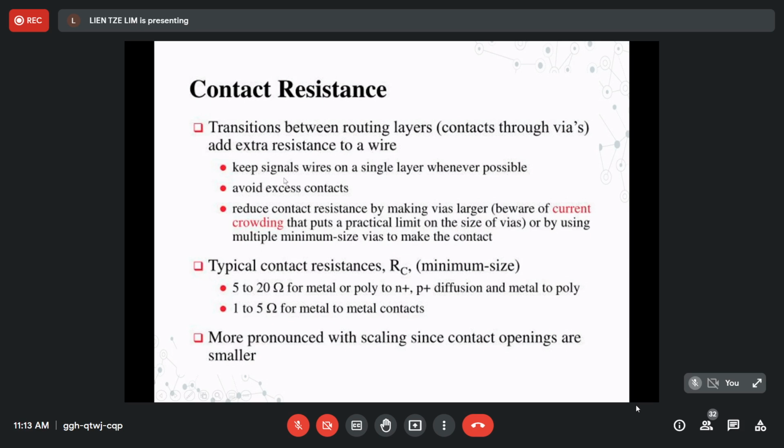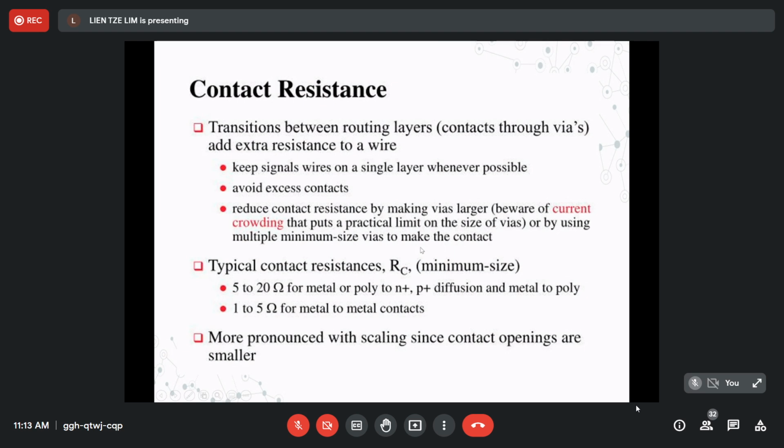Keep the signal wires on a single layer whenever possible and avoid excess contacts. Reduce contact resistance by making the contacts larger, but beware that the current routing puts a practical limit on the size of the contact, or use multiple minimum size contacts to make the contact.